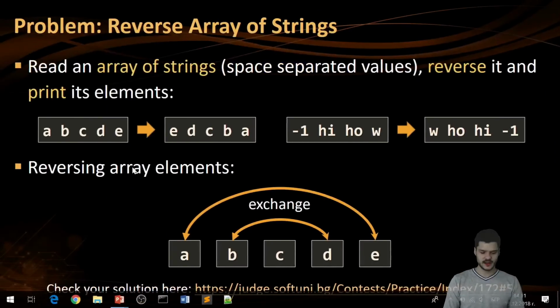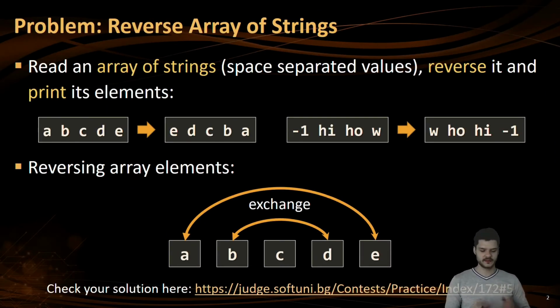Initially, as you can see, we have an input of a string array from the console line. Inside the problem we have stated that we have space separated values. So what we need to do is take the input from the console and split it by white space.